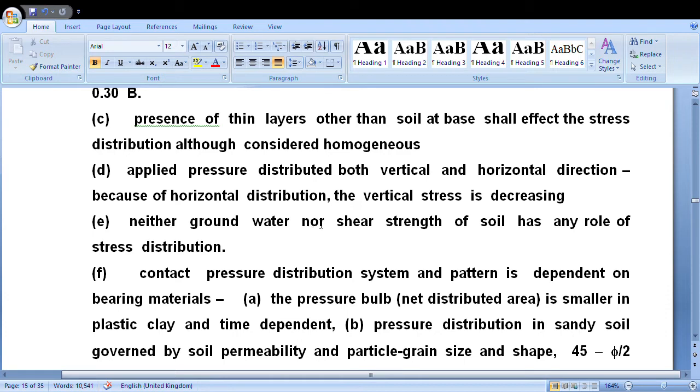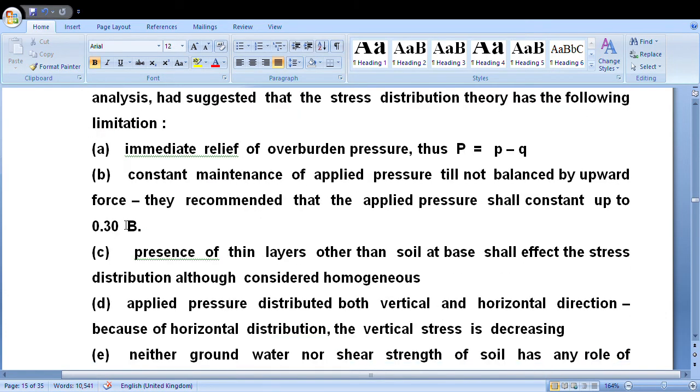There will be no change in pressure up to one third of B, the same pressure will be there. Thereafter the reduction will be there.